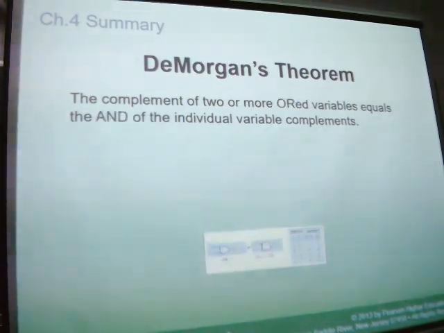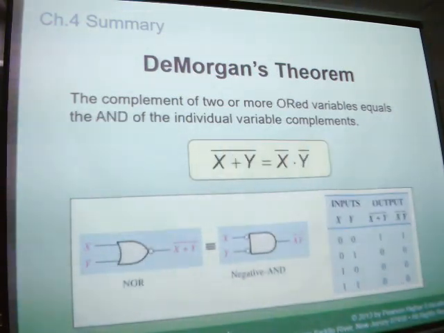The second form is x or y bar equals x bar and y bar. Also, x or y or z bar equals x bar and y bar and z bar, and so on. That is the text of De Morgan's theorem.